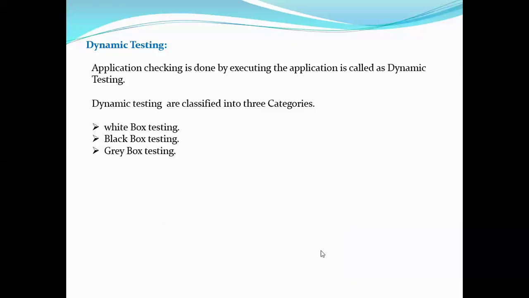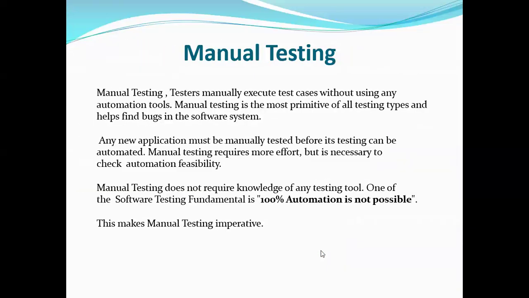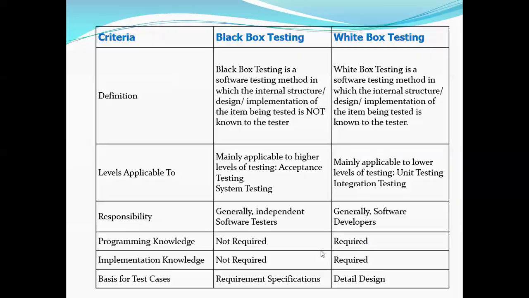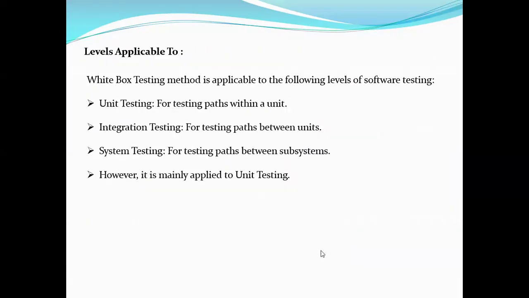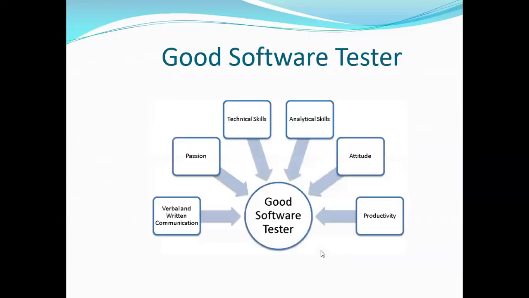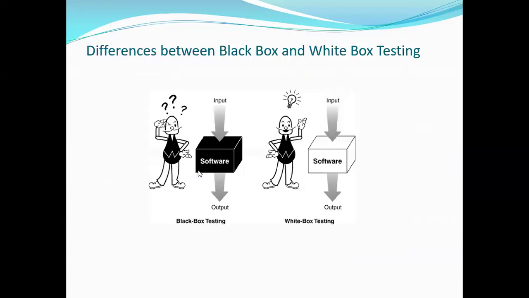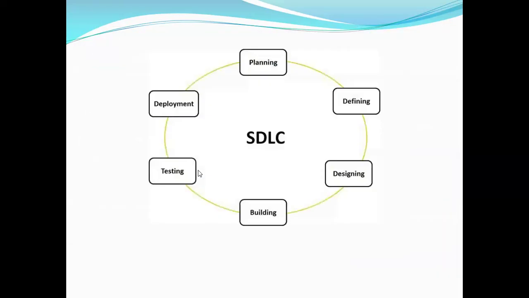Understanding, right? So this is one of the most important ones, static testing and dynamic testing. Software testing is a process of verifying whether the project will be accepted by the end user or not. So we need to do both the verification and validation parts.